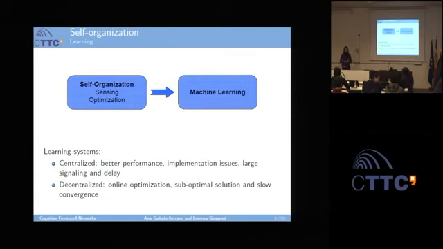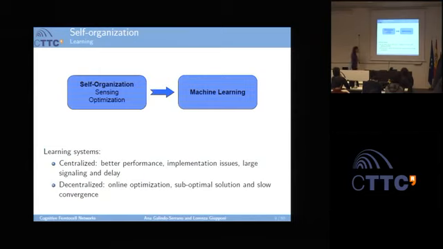We can only solve very small problems with this kind of learning system. Also, we will require signaling interchange to have the view of the environment, and of course this will introduce some delays.